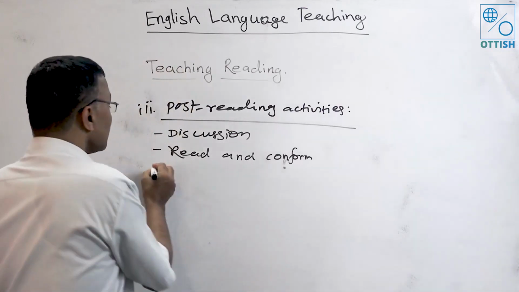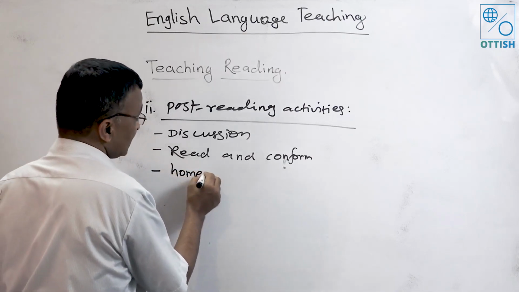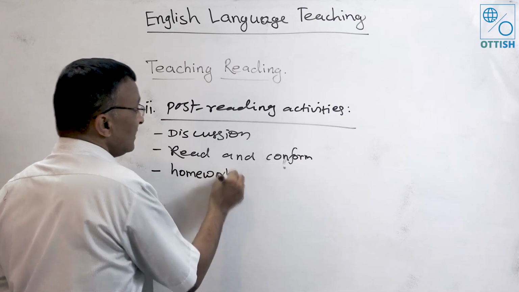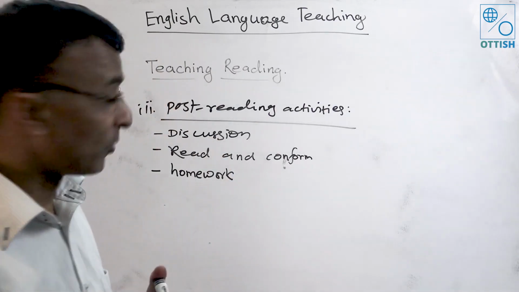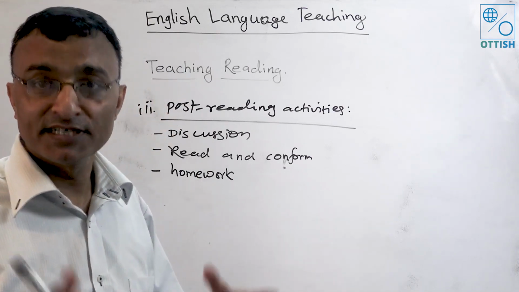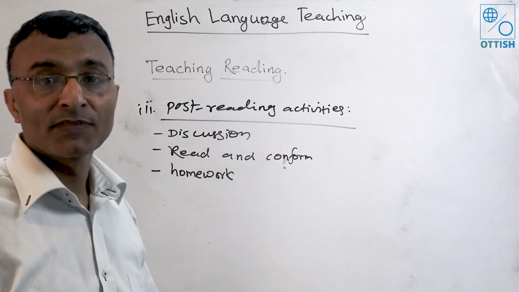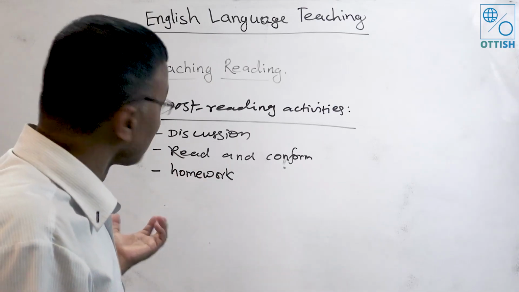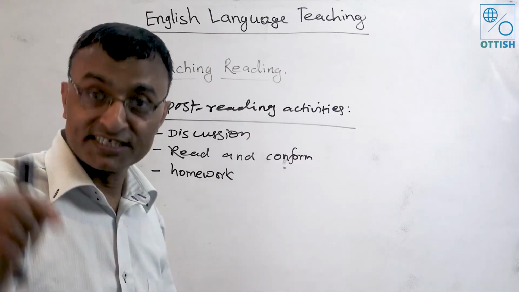And another important activity is homework, a home assignment. Related to the text, the students are given homework, maybe the exercises given in the textbook, or writing a summary, or writing their own view related to the text.